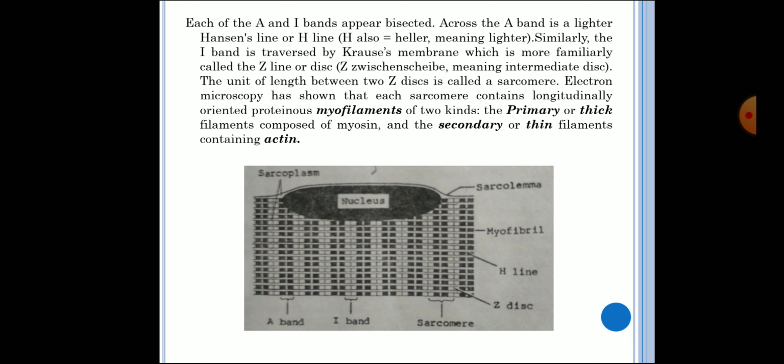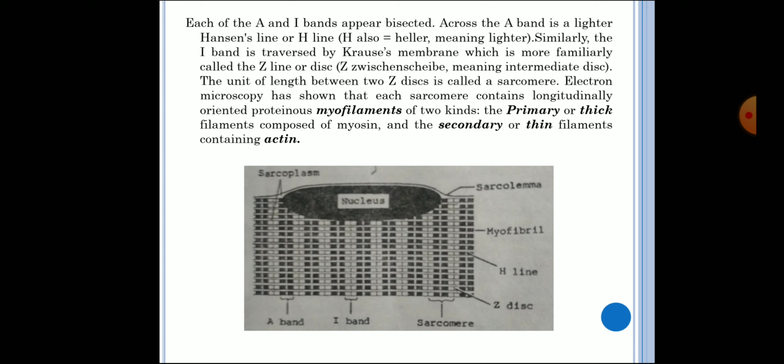Electron microscopy has shown that each sarcomere contains longitudinally oriented proteinous myofilaments of two kinds: primary or thick filament composed of myosin, and secondary or thin filament containing actin.